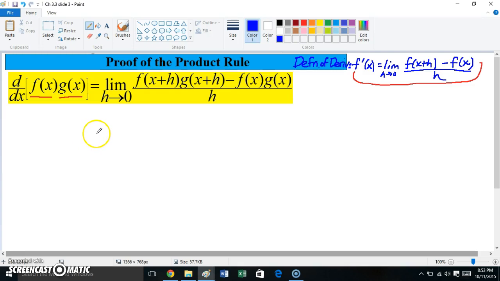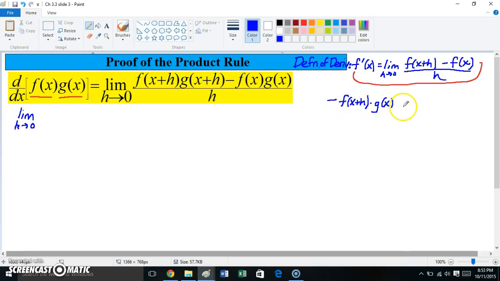Okay, in order to proceed with the definition of derivative, we have to do a little algebraic trick. We are going to basically add 0 to the numerator, but 0 is going to look like f of x plus h times g of x, and the positive and negative of that.